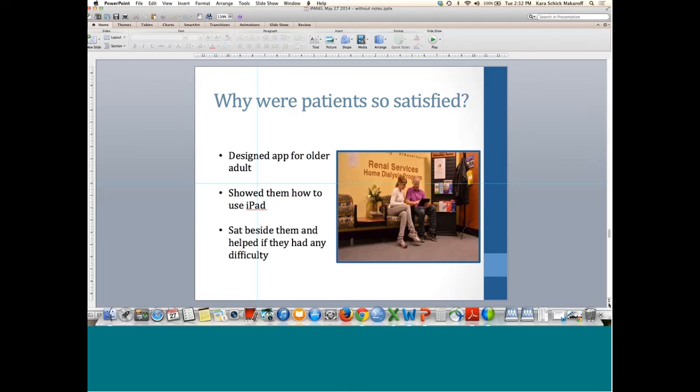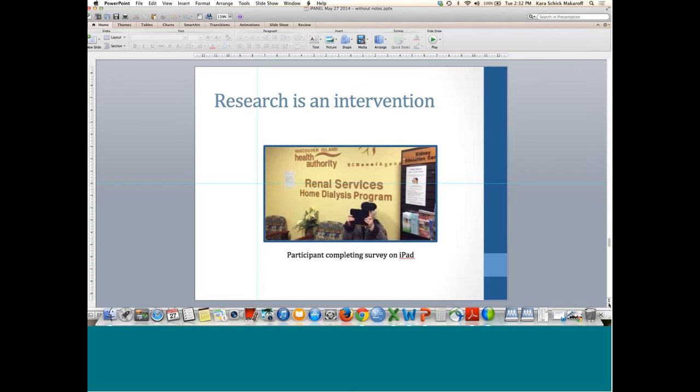And so most of them would not have participated in the study. So certainly this is a limitation that needs to be acknowledged in relation to internal validity. I think it's really important that as researchers we recognize that our presence can also be an intervention.